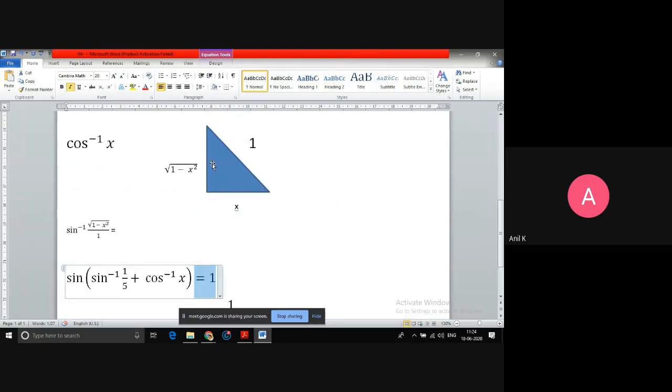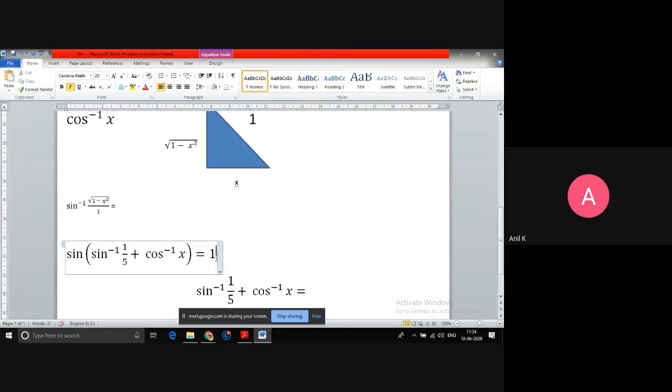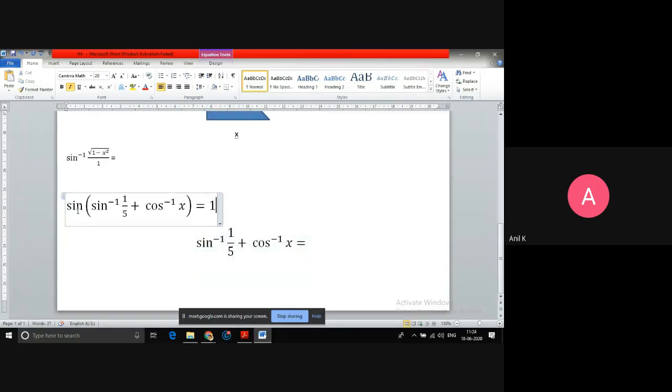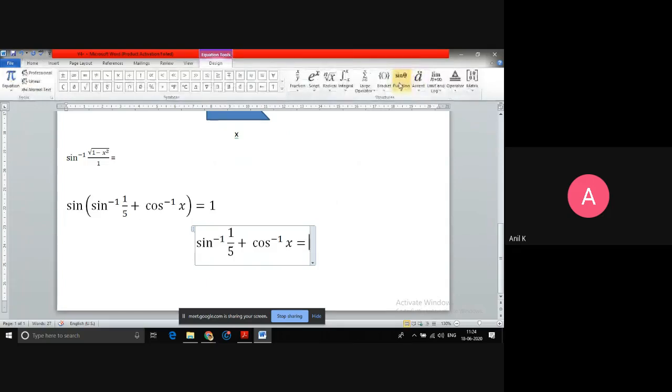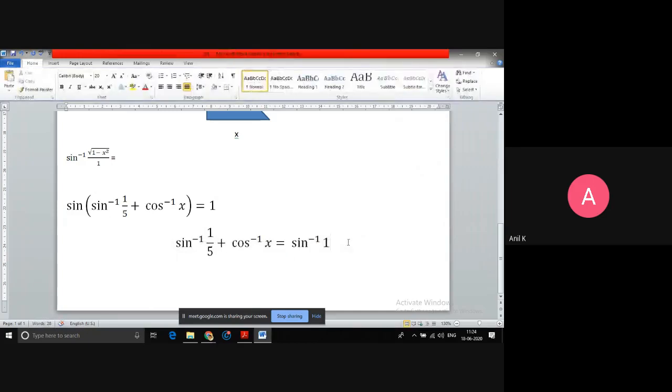Now when you bring this sine to the right hand side, it becomes sine inverse 1.